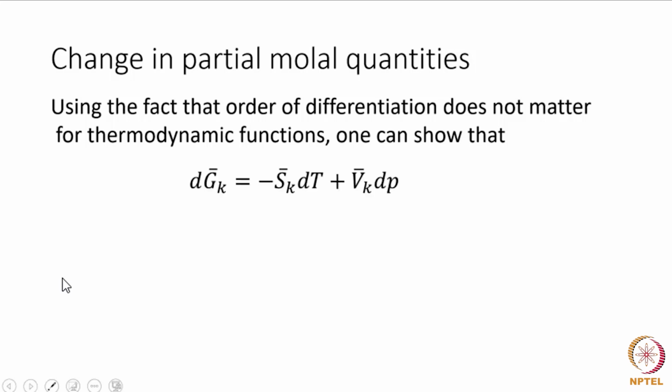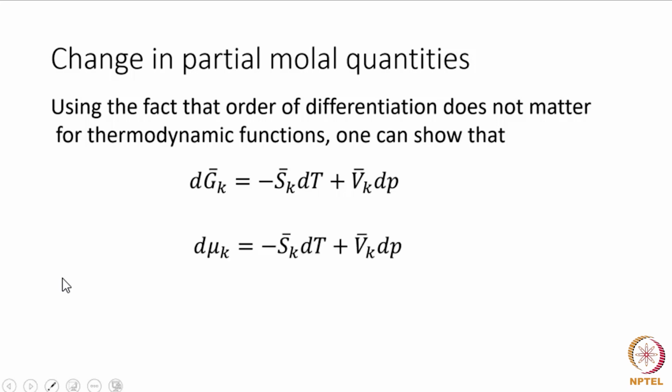And in such cases, we can actually show that dG bar k, that is the differential of the chemical potential of the constituent K, is equal to minus S bar k dT plus V bar k dP, which means that not only is this expression without the bars and the K what comes directly for unary systems, we can keep the subscript and put a bar on top, and it is now applicable also for partial molar quantities.